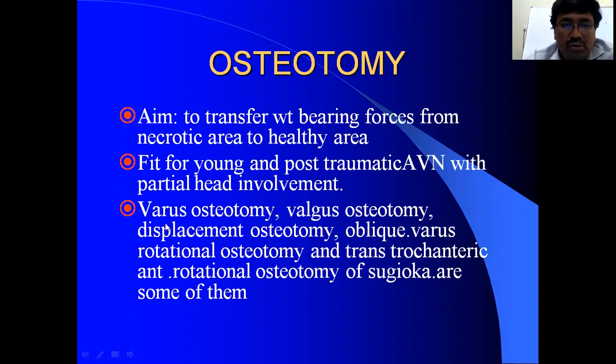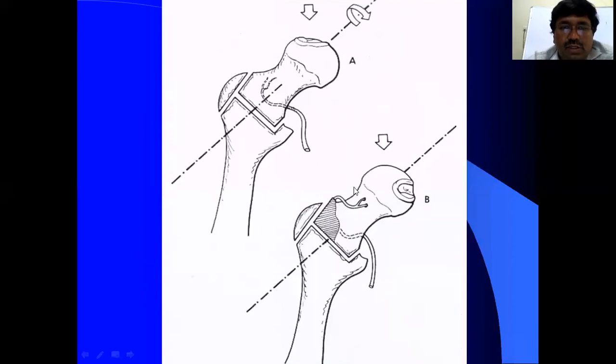Different types are varus osteotomy, valgus osteotomy, displacement osteotomy, oblique varus, rotational, and transtrochanteric osteotomies. This is a rotational osteotomy where the cuts are made. This is the greater and lesser trochanter, so it is called an intertrochanteric osteotomy, and we cut the bone and do a rotation.